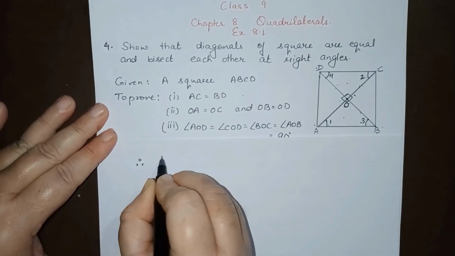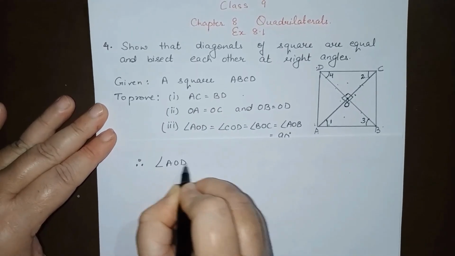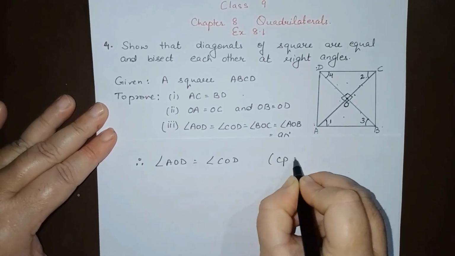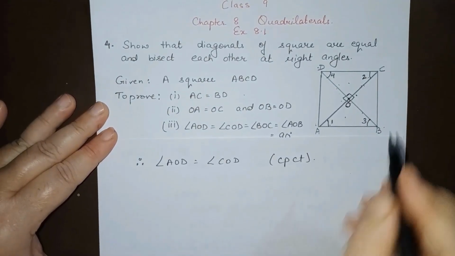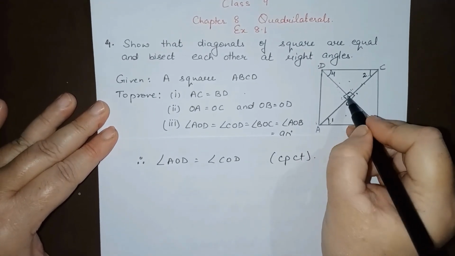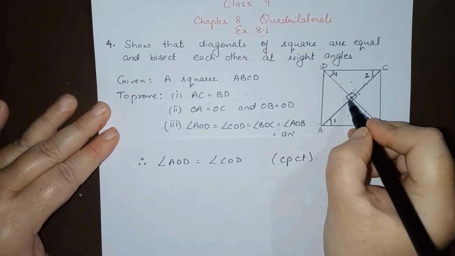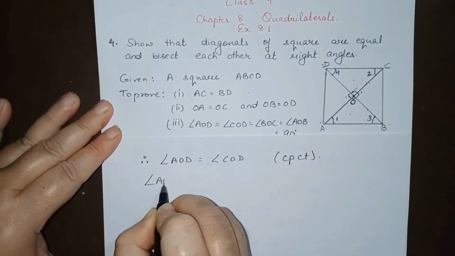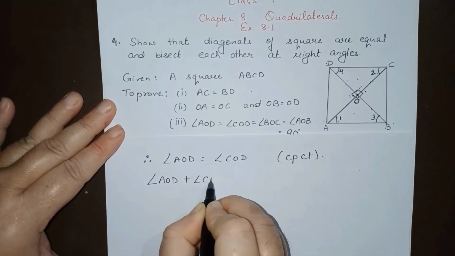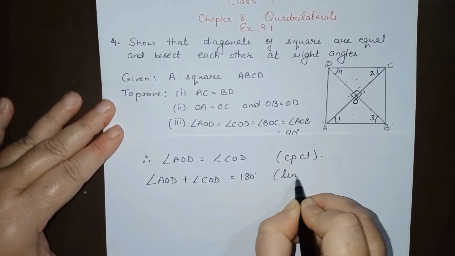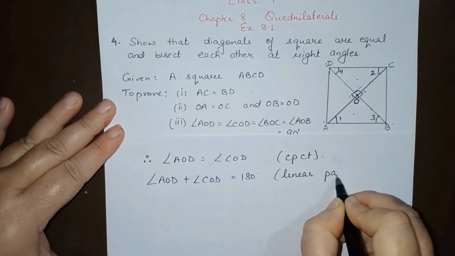Therefore, angle AOD is equal to angle COD by CPCT. These two angles are equal by CPCT. But you can see they are a linear pair of angles, and linear pair of angles are supplementary. AOD plus COD is 180 degrees because they are a linear pair.